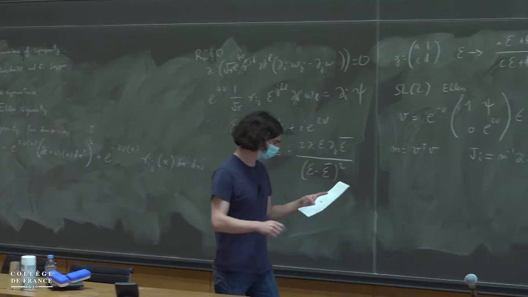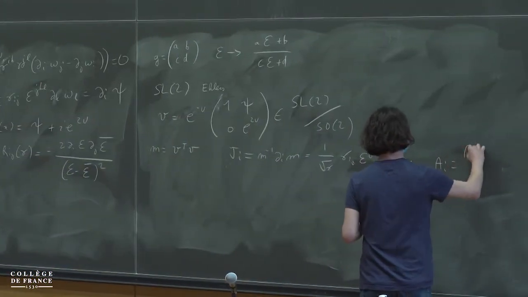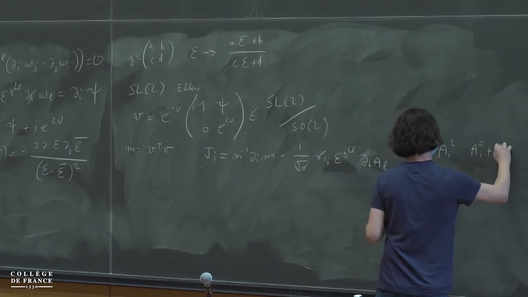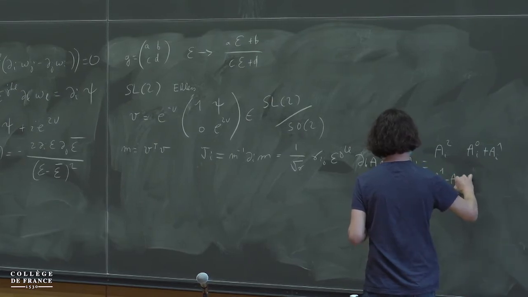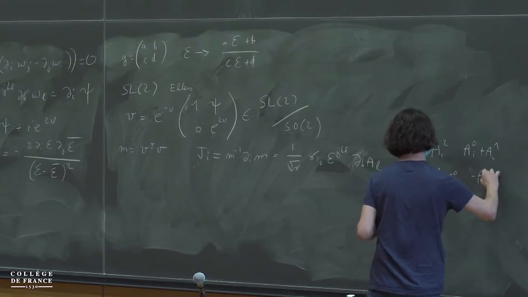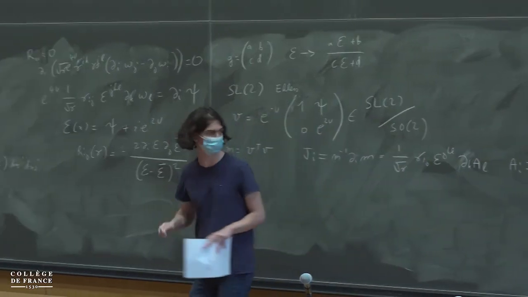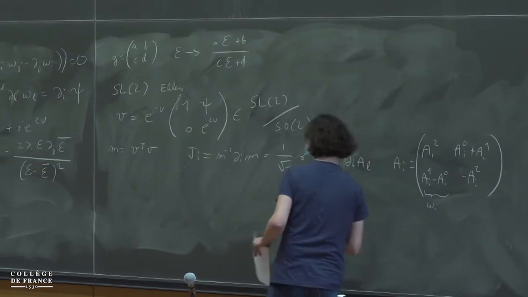So if I write it as a matrix, I have A_i equals some A_i^2, A_i^0 plus A_i^1, A_i^1 minus A_i^0 and minus A_i^2. It's just the matrix for the SL2 Lie algebra, and this component is simply the ω_i we started with.